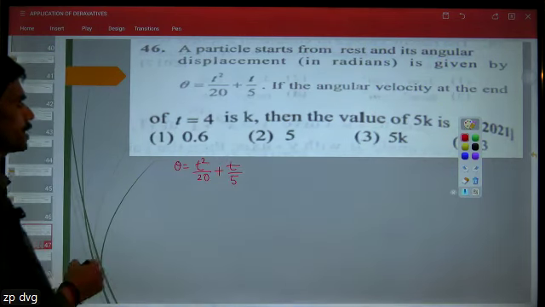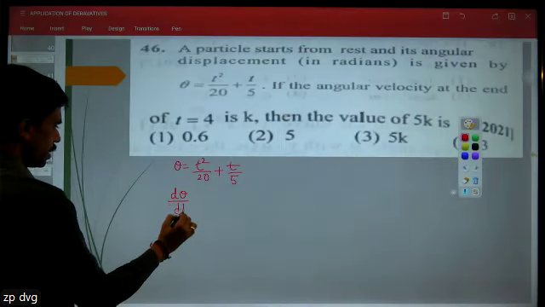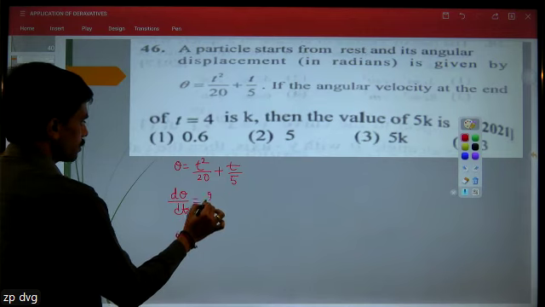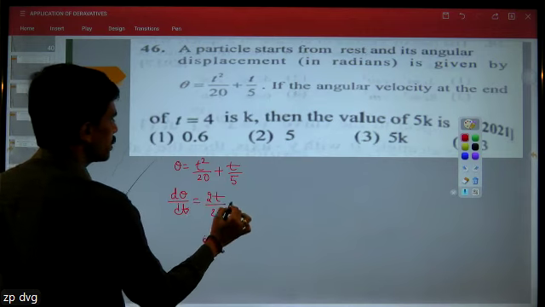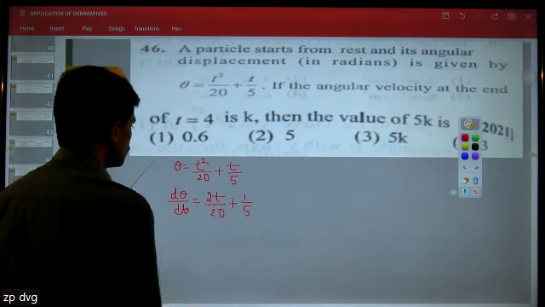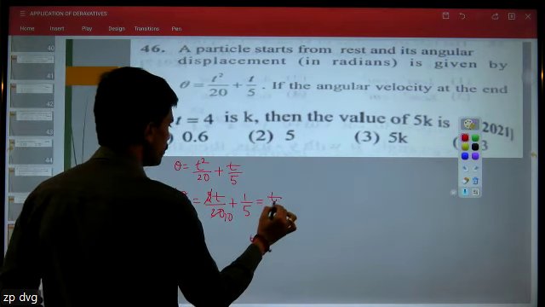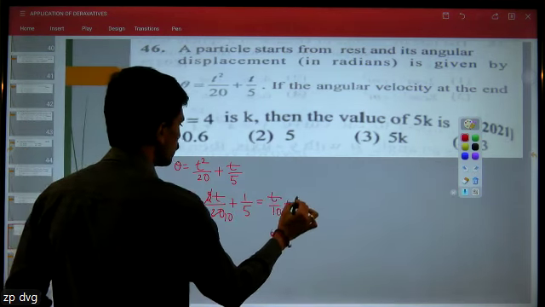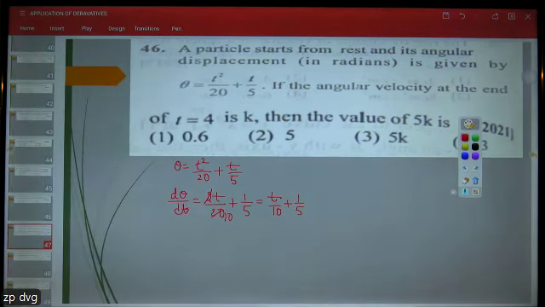Differentiate it with respect to t, d theta by dt equal to 2t by 20, okay, plus t with respect to t, 1 by 5. So 2 tens are, we get, which is equal to t by 10 plus 1 by 5.